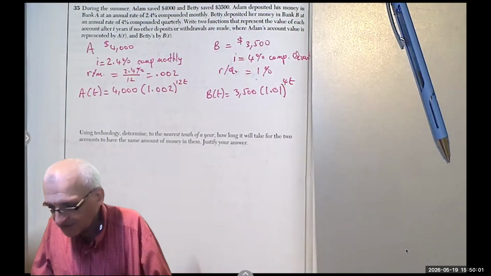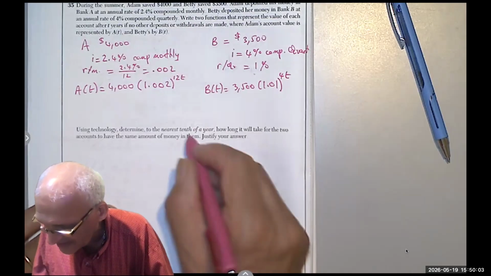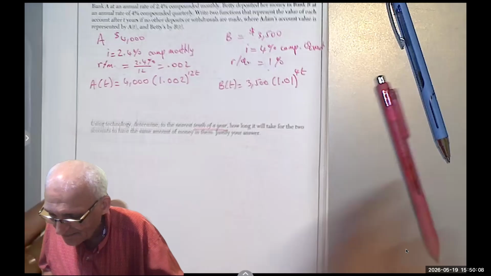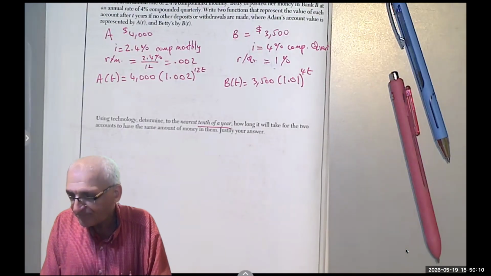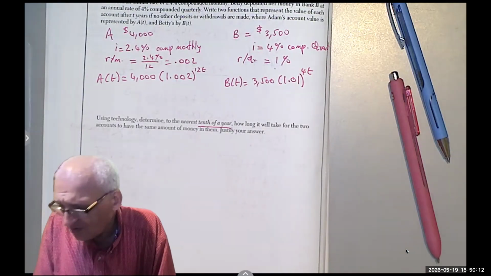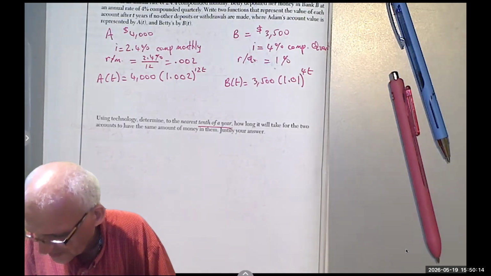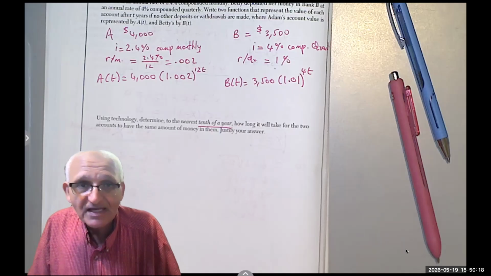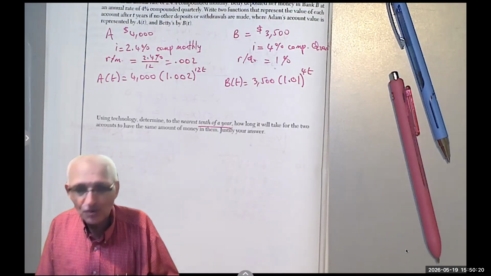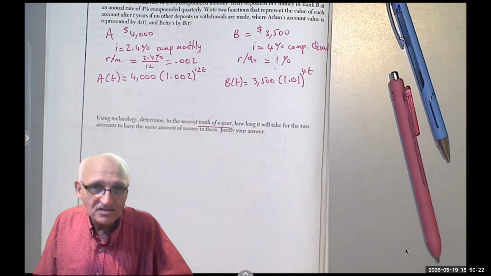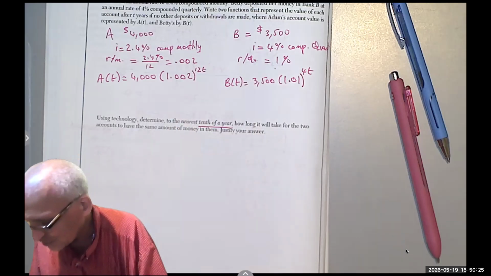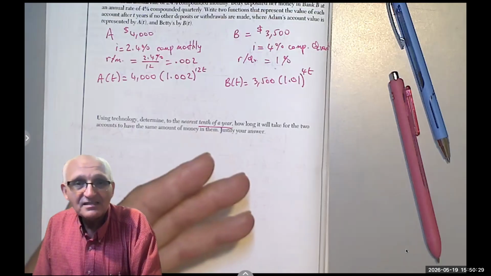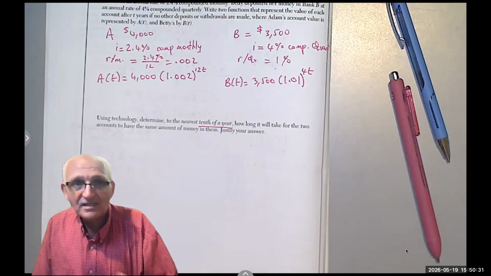Using technology, determine to the nearest tenth of a year how long it will take for the two accounts to have the same amount of money in them. Okay, so you can solve for t. Either you plot two graphs and find the point of intersection like we do, or you subtract them and find the zero, which is the solution, or you can solve it mathematically and then end up with natural log.